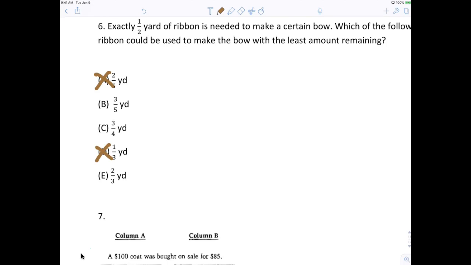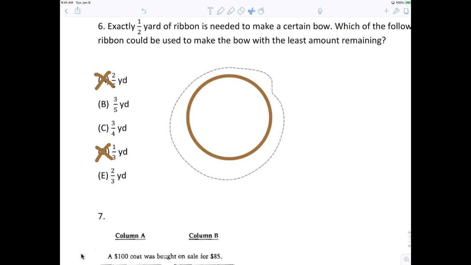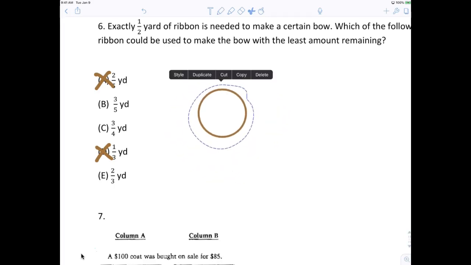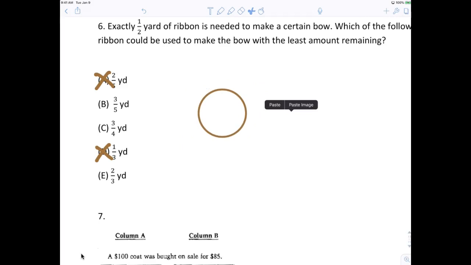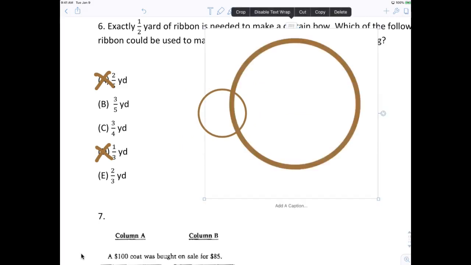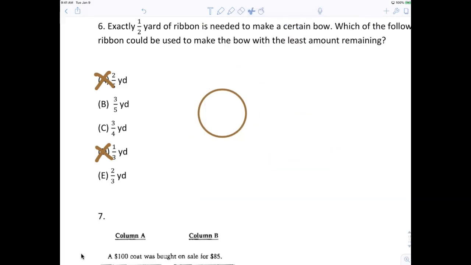So think about it this way. I like this. All right, so watch. I love my notability because I learned fractions as pizzas. I do fractions as pizzas. So actually, I'm gonna copy and paste. Paste, and it's the same.